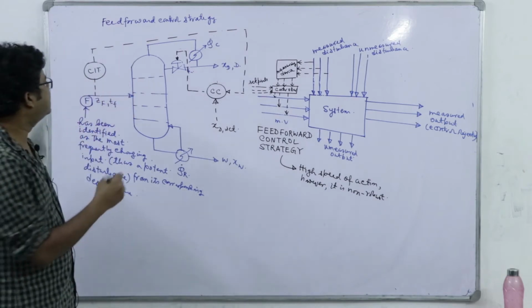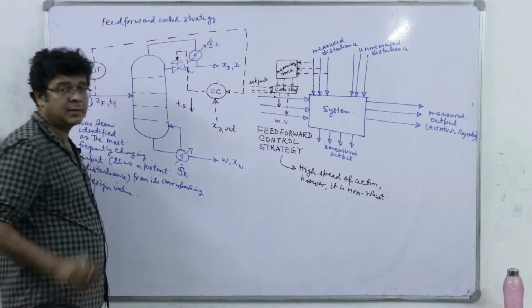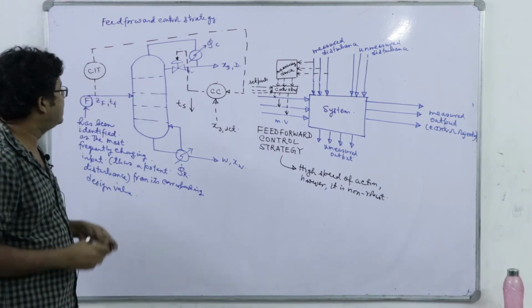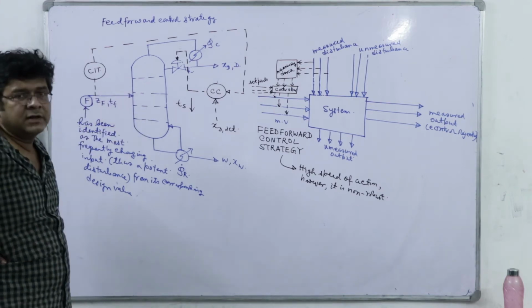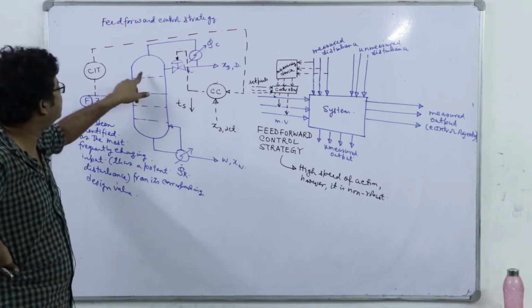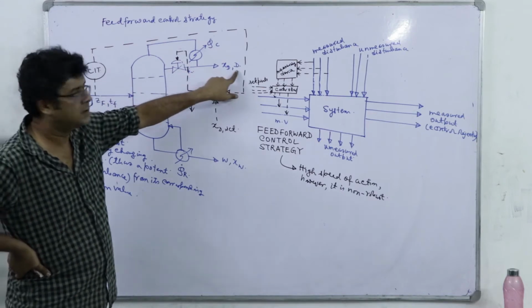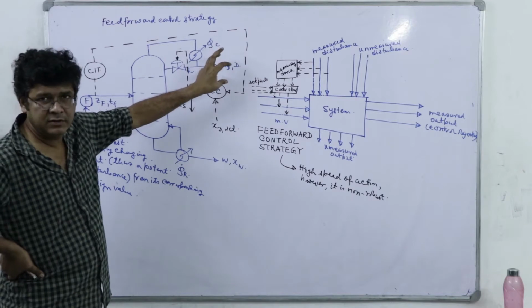Because let us say the temperature of the surroundings drops abruptly by 6-7 degrees. So there will be increased heat flow. As a consequence, the temperature in the trays will change, which will change the equilibrium relation and finally the distillate composition, right. But that remained unmeasured, okay.